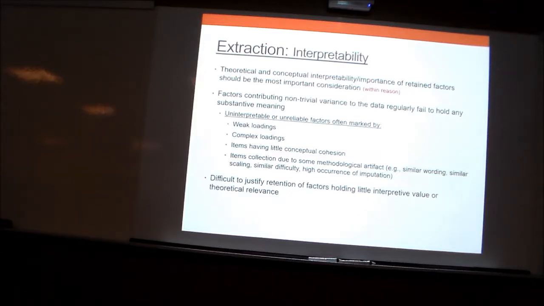So lots of reasons. Once you've got your solution, you always want to make sure that what's driving these scores holding together is not some methodological issue, but a real underlying construct that's driving variability in those scores.